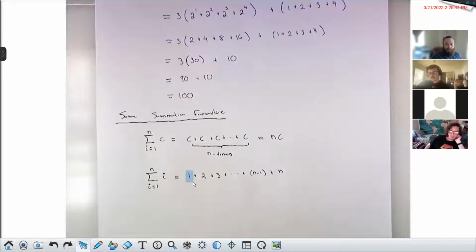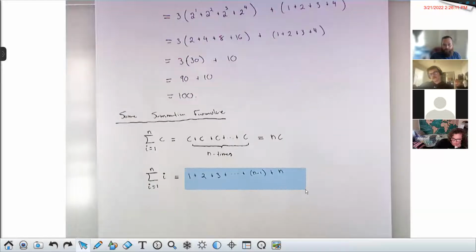Baby Gauss said, I take the first term and the last term, and I add those together. So, okay, 1 plus n, that's n plus 1. Then I take the second term and the second to last term, and I add those together. Okay, 2 plus n minus 1, that's also n plus 1. If I take the third term and the third from last term, that would be 3 plus n minus 2. That's also n plus 1.